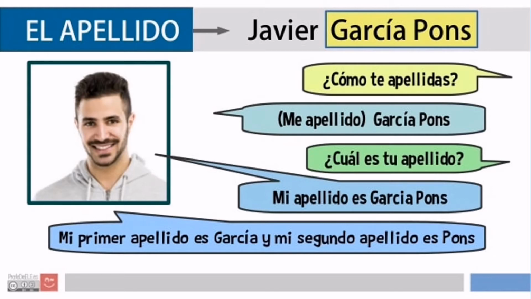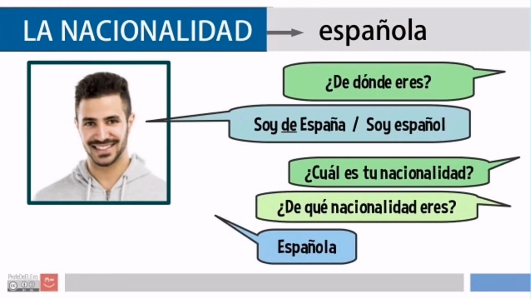If you're Spanish or if you have two last names, you can say this phrase over here, Mi primer apellido es Garcia y mi segundo apellido es Pons, which means my first last name is Garcia and my second last name is Pons. So if you have two last names, you can use this phrase.